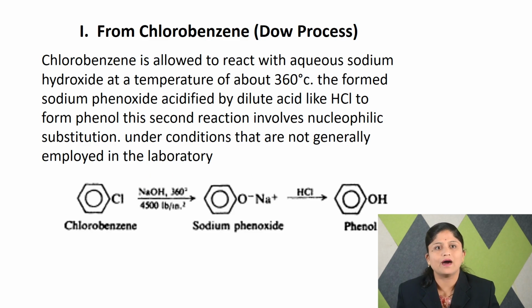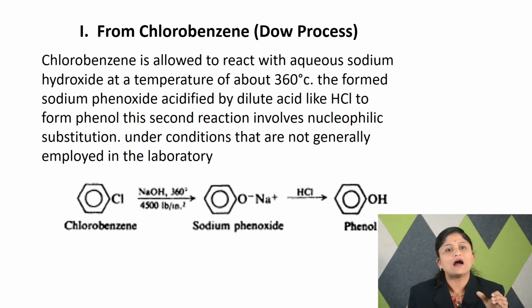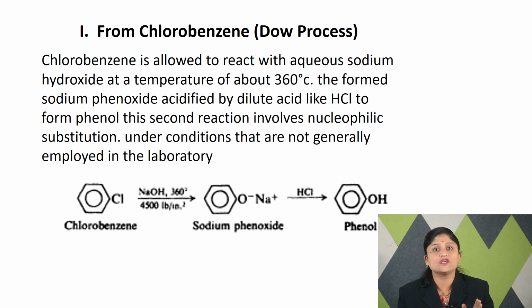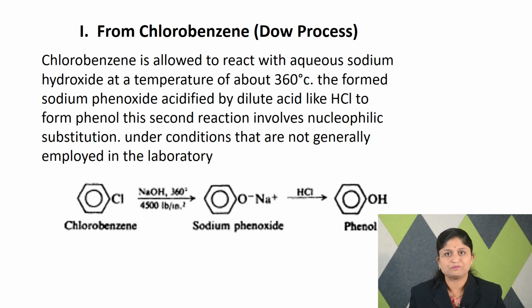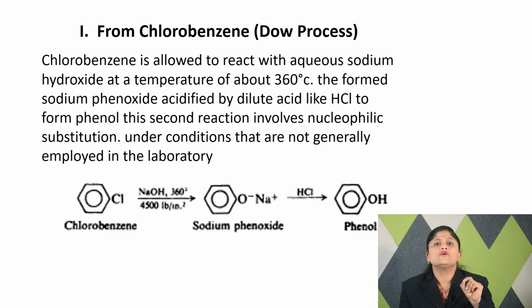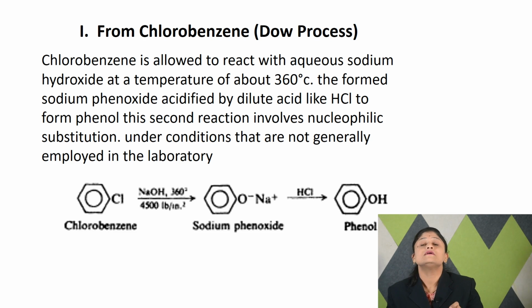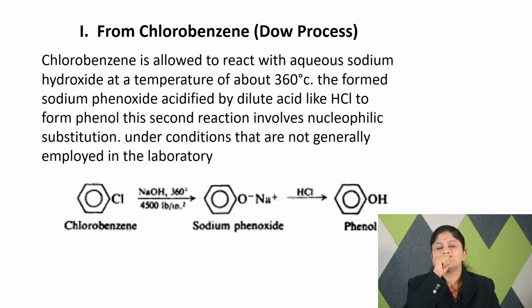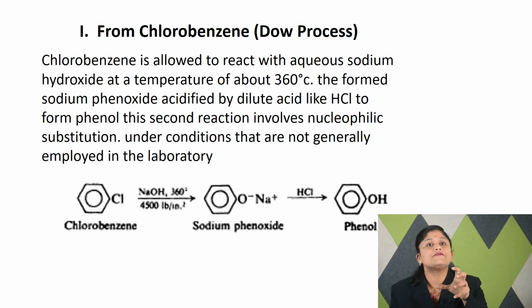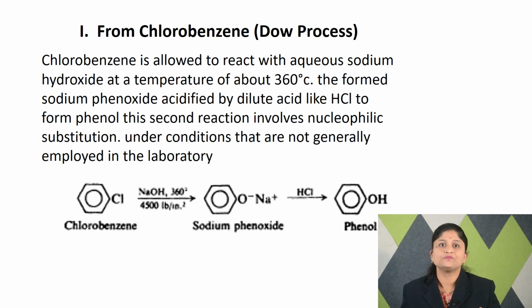process. Here we react chlorobenzene with an aqueous solution of sodium hydroxide at a high temperature, at 360 degrees centigrade. Chlorobenzene reacts with a strong base at that high temperature, forming a sodium phenoxide derivative.